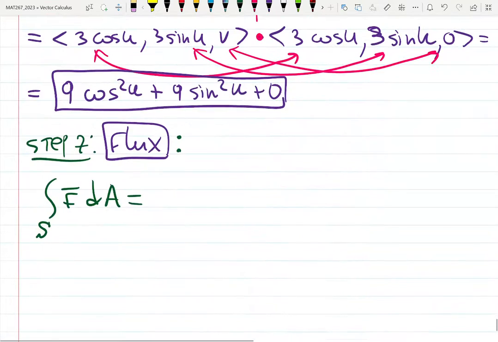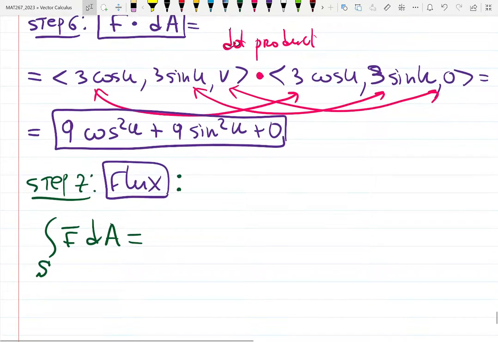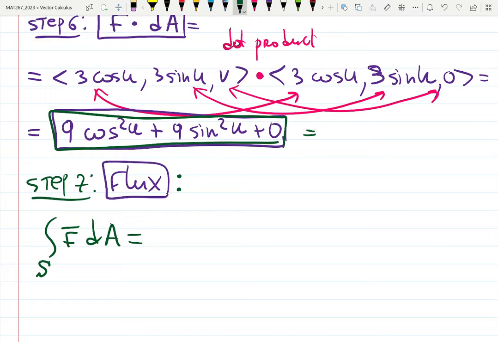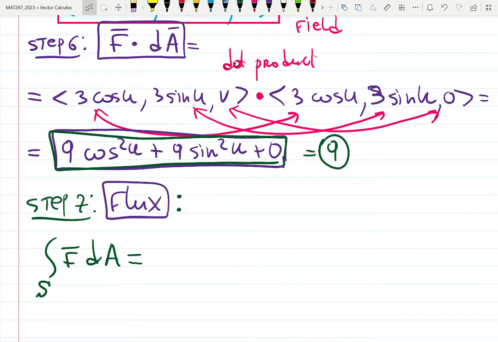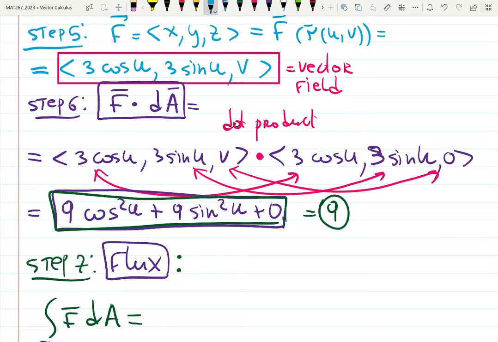And we have it here. We definitely know what's inside. Inside is this function in the purple box, which, by the way, simplifies to just being 9. That's just 9. By the way, if you use the notation F dA, let's be careful with notation.